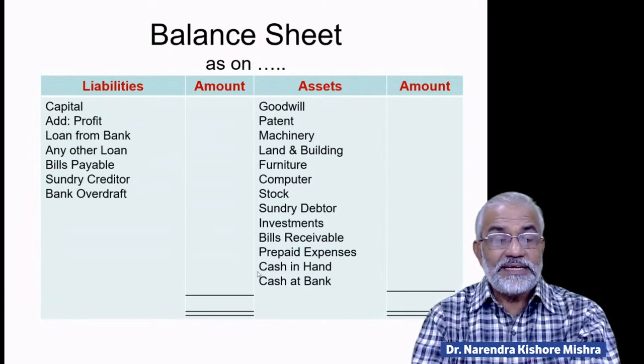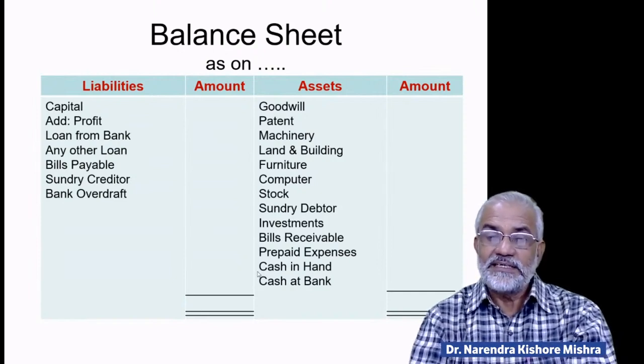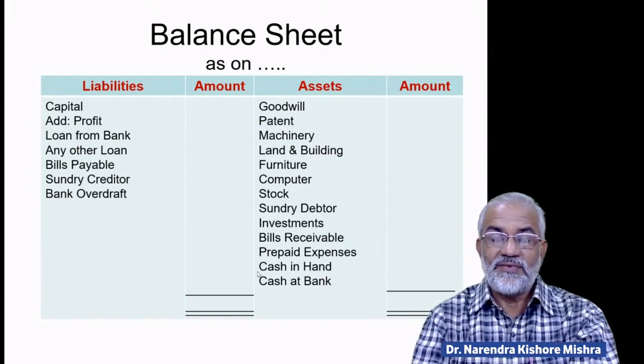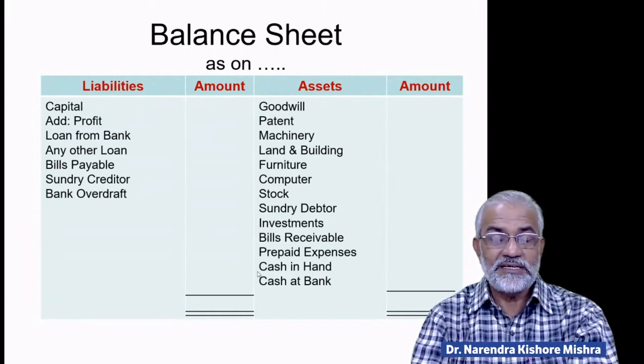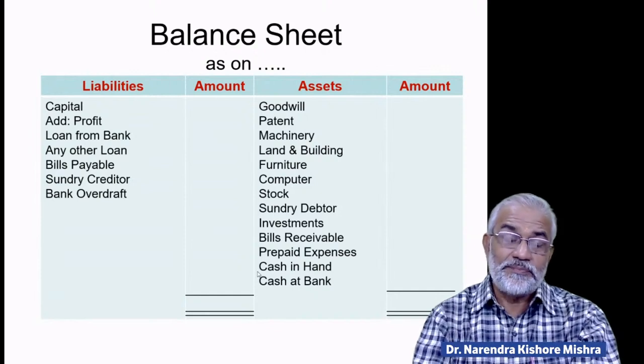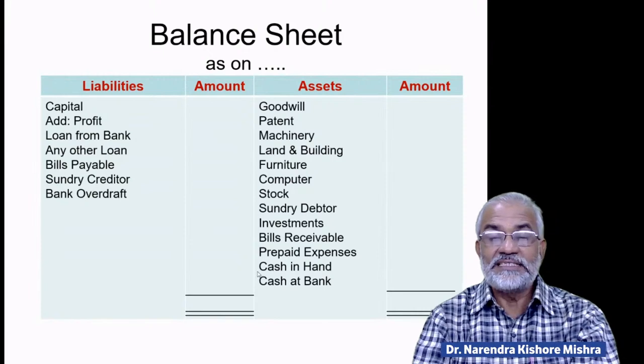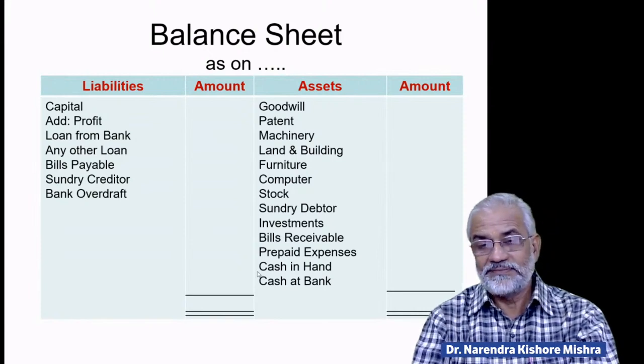If any of the criteria is fulfilled by a short-term asset, it will be regarded as a current asset. First one is easy convertibility into cash within one accounting year or one accounting cycle. Take the example of sundry debtors or stock of finished goods. If the stock of finished goods is sold for cash, then the stock is easily converted into cash.